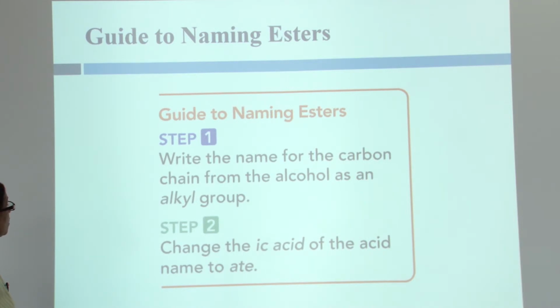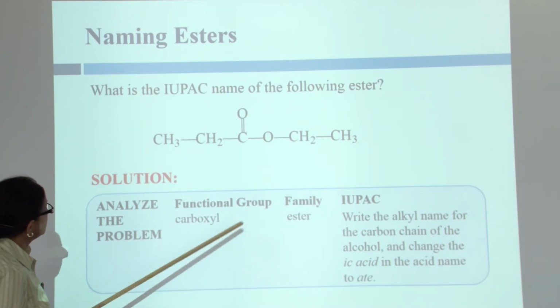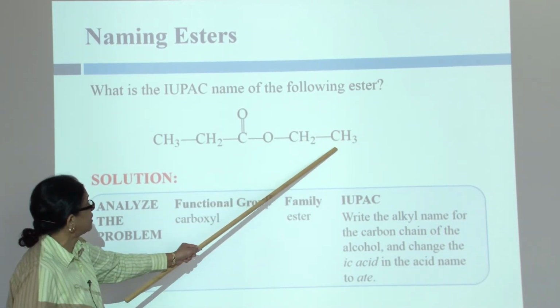Naming esters. Write the name for the carbon chain from the alcohol as an alkyl group. Change the ic acid from the acid name to ate, ATE, carboxylate, which tells you it's an ester. So let's look at this molecule and write the IUPAC name. I'm looking for the alcohol, ethyl, ethanol.